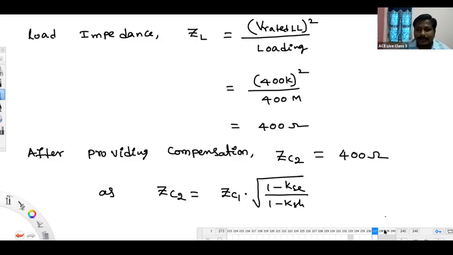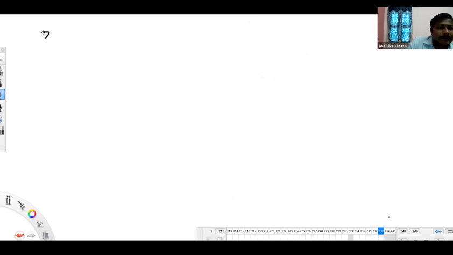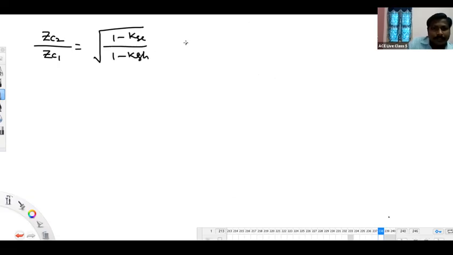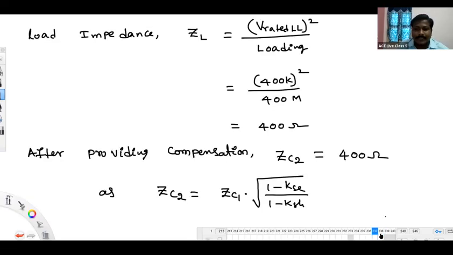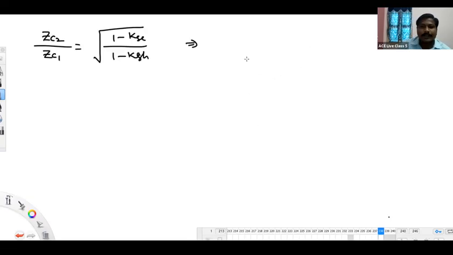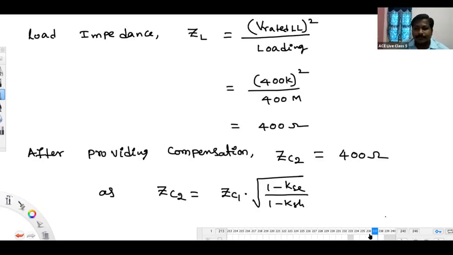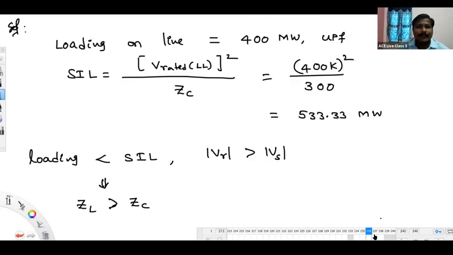Now you can take that ZC2 by ZC1 value, the square root of 1 minus KSC by 1 minus KSH. What is ZC2 by ZC1? ZC2 is 400, and ZC1 is 300 ohms, right?